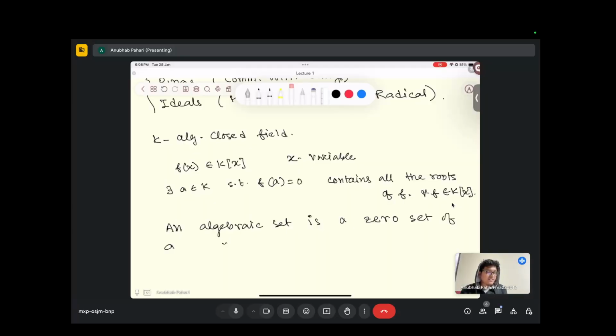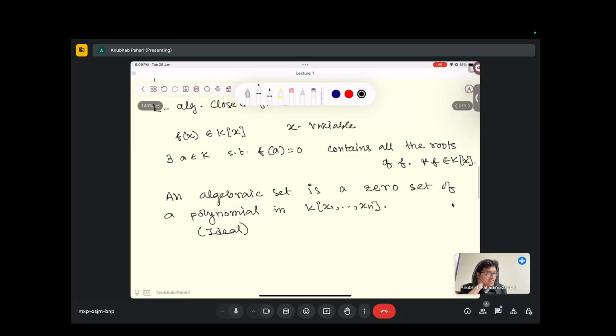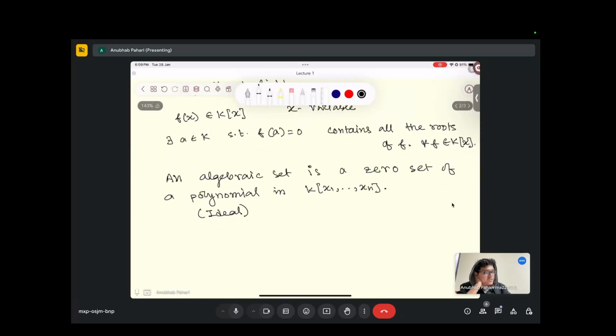Okay, an algebraic set is a zero set of a polynomial in K[x1, ..., xn]. It would be better if I write a zero set of finitely many polynomials, so that they are equivalent.